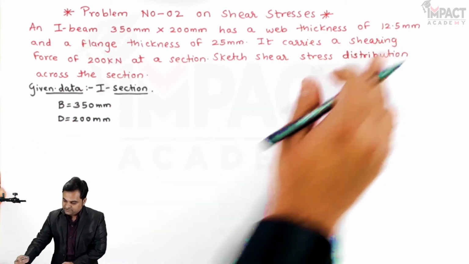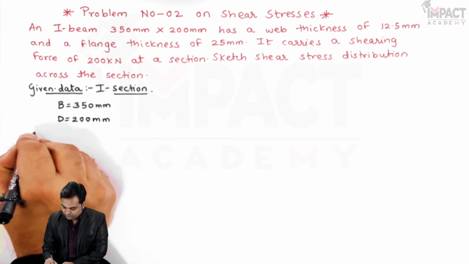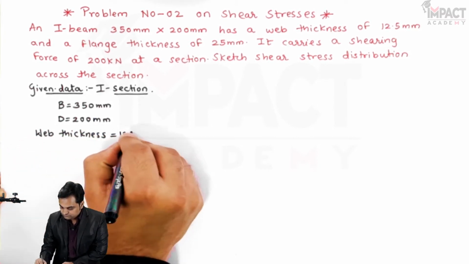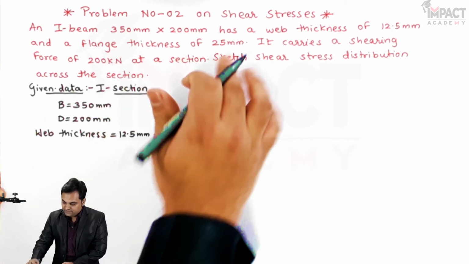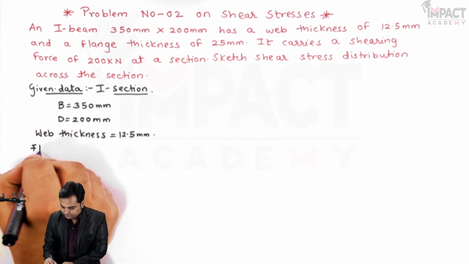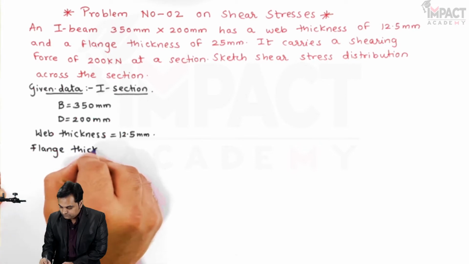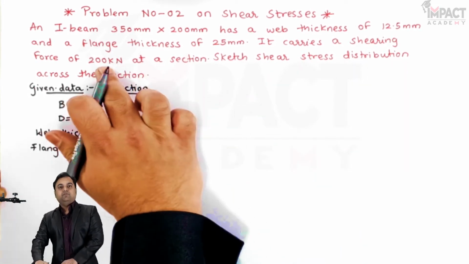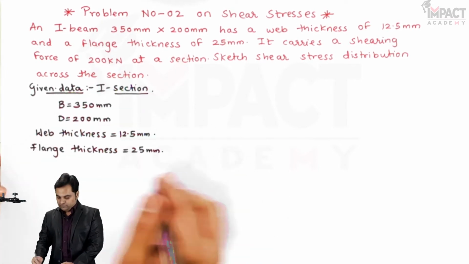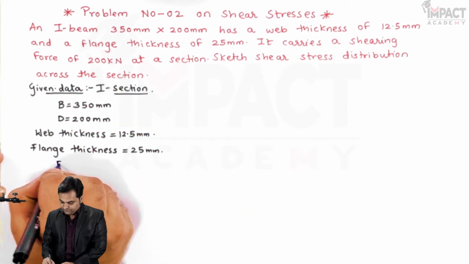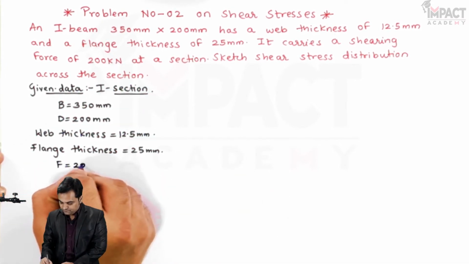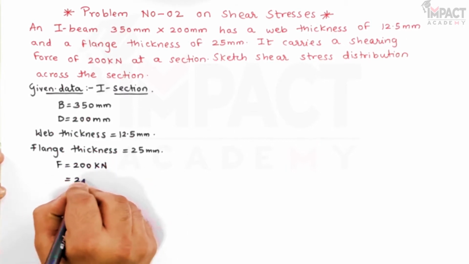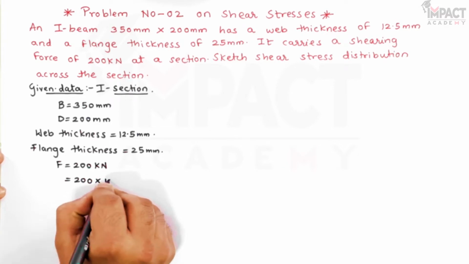Then web thickness is given 12.5 mm. And flange thickness is 25. It carries a shearing force of 200 kN. Shearing force I'll denote it by F, (200 kN). So it is 200 into 10 raised to 3 Newton.